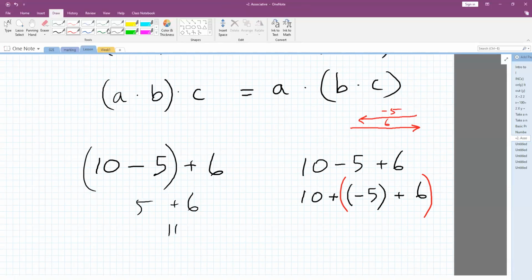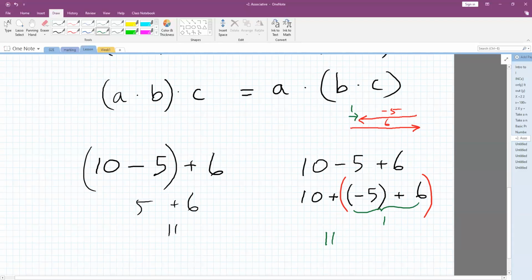So now what remains here is this small arrow to the right. You go 6 to the right, you go 5 to the left. What's left? 1. So that's correct. This minus 5 plus 6 gives us 1. Very good. And then you add to 10, 11.